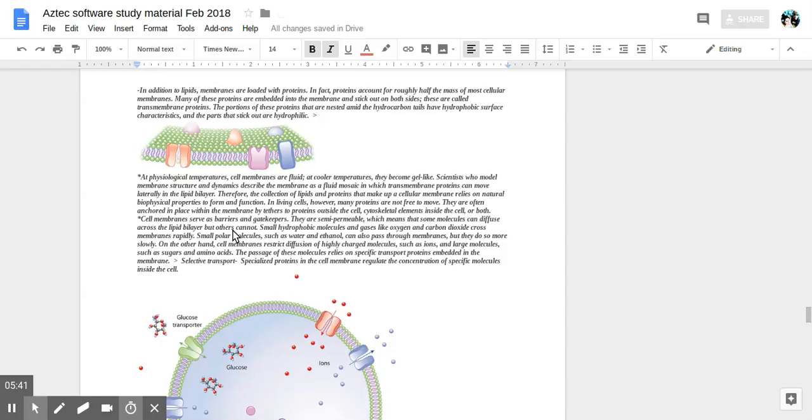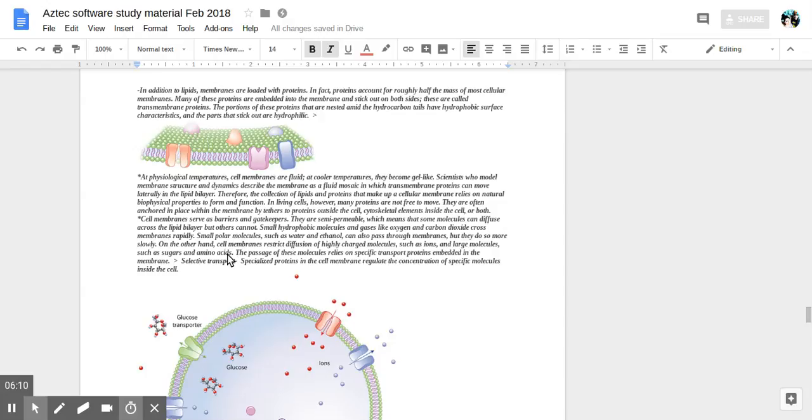Cell membranes serve as barriers and gatekeepers. They're semi-permeable, meaning that some molecules can diffuse across the lipid bilayer but others cannot. Small hydrophobic molecules and gases like oxygen and carbon dioxide cross membranes rapidly. Small polar molecules, such as water and ethanol, can pass through membranes also, but they do so more slowly.